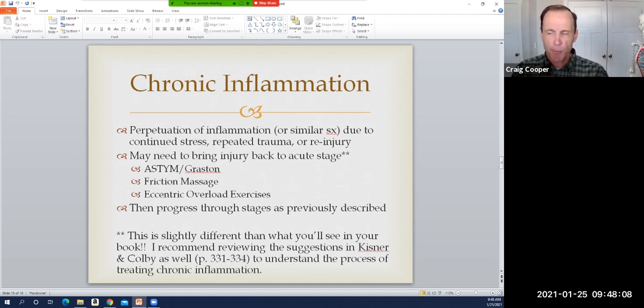But if we're trying to help somebody get over chronic inflammation, we need to get it acutely inflamed again. Those eccentrics overload that muscle in such a way that it's a form of exercise that supplements these more hands-on techniques of Graston and friction massage.